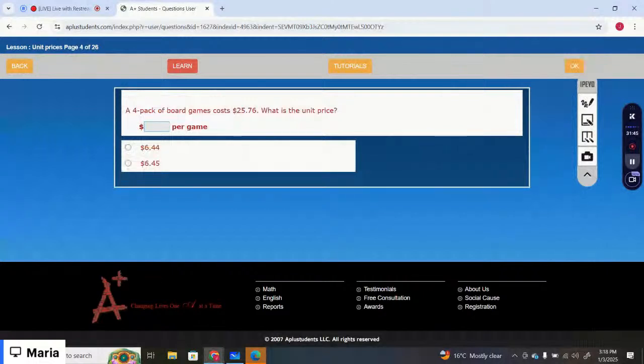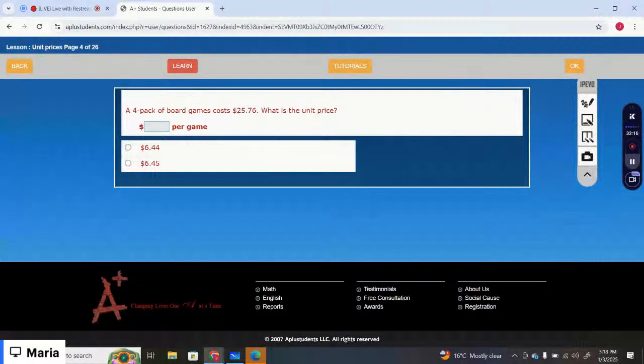A four pack of board games cost $25.76. What is the unit price? So which is the correct option? $25.76 divided by 4 is 6.44.